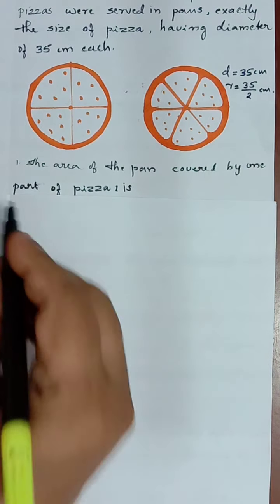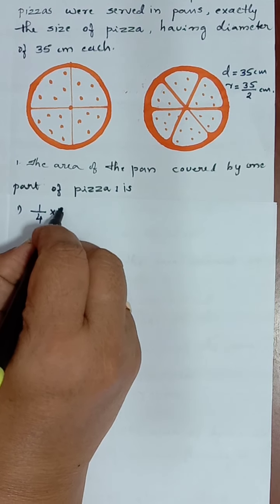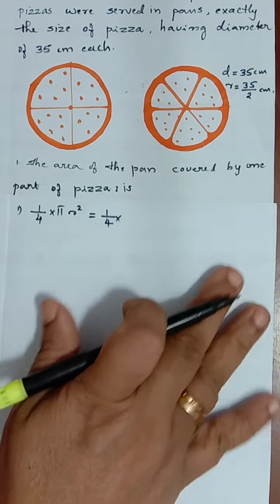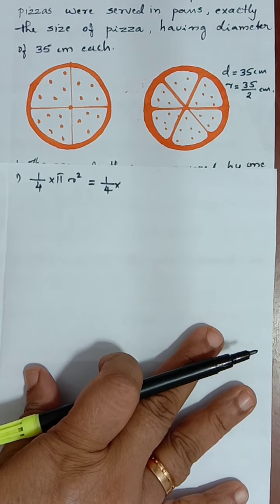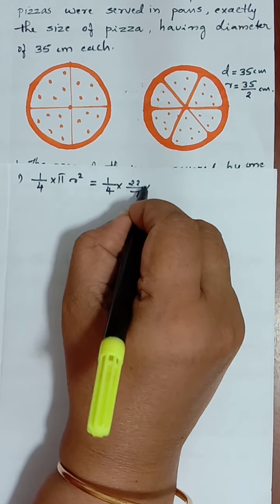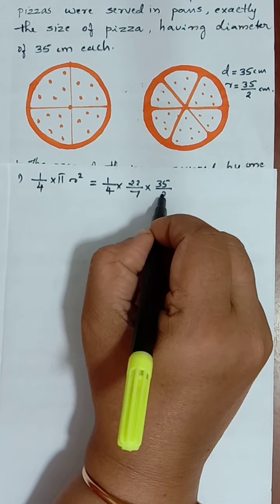Okay. First one, 1/4 of pi r square. You have to check the answer, it comes in decimal. So the pi value here we have to use. So we have 1/4 into 22/7 into radius, I have marked here 35/2, radius square.